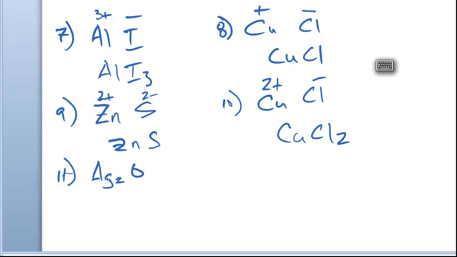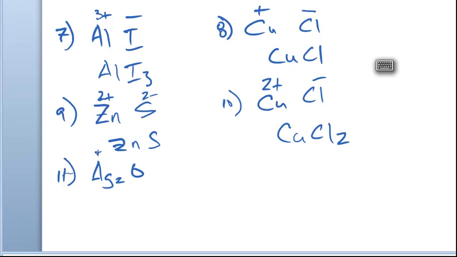So for this, silver, if you take a look at your periodic table, you'll notice that silver is one of the transition elements, one of the transition metals. It's directly under copper, but unlike a lot of transition elements, it usually takes on a charge of a single plus.